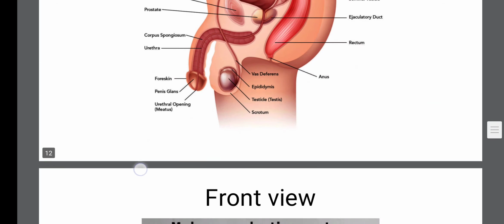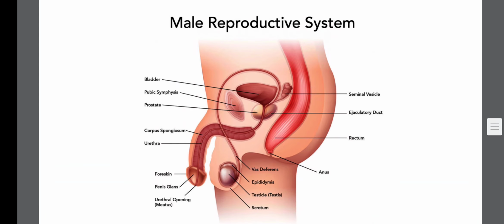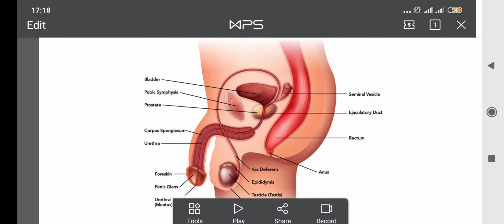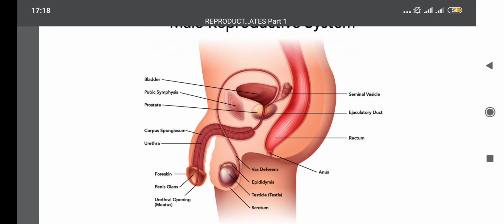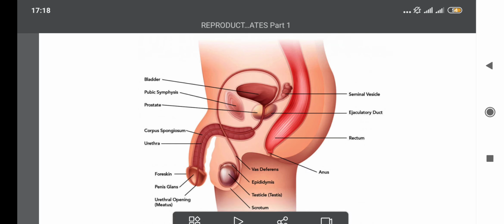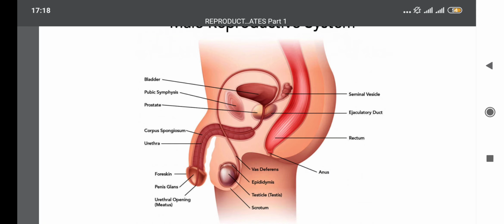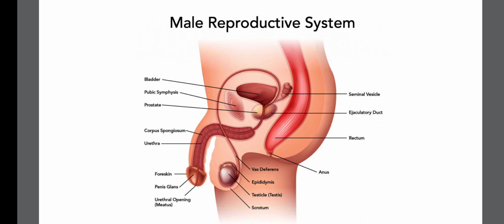This is the diagram of the male reproductive system. This is the penis, and this is the scrotal sac, like you all know. Looking at this diagram, most things that are labeled are the internal genitals, the ones that are inside.